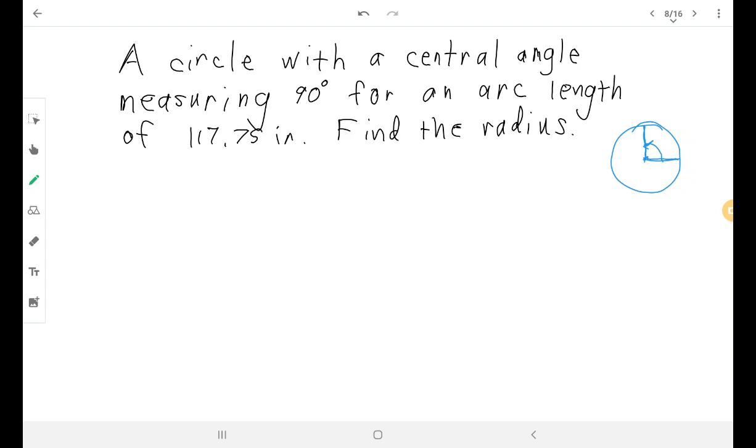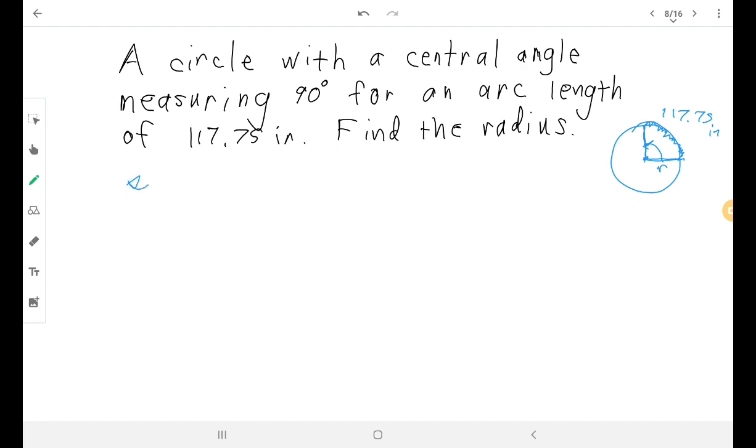The arc length, which is how far we would have to travel if we were walking along the circle to get from the beginning of that arc to the end of that arc, is 117.75 inches. And what it wants is for us to figure out the radius of this circle.